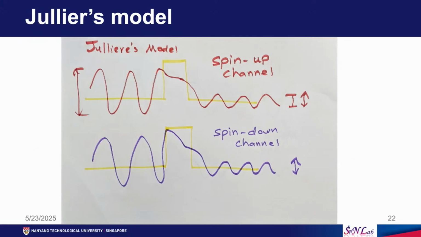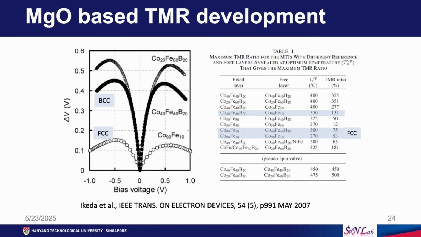So, the most important point is when you have this kind of crystal structure, the probability for electrons to tunnel, especially through the delta 1 band, is higher, and we will have the low resistance state. And when you have anti-parallel, the probability for electrons to tunnel is less. So, we will have high resistance.